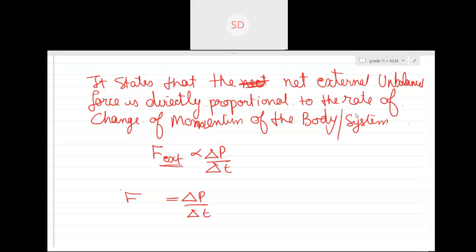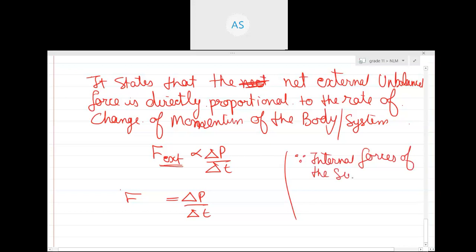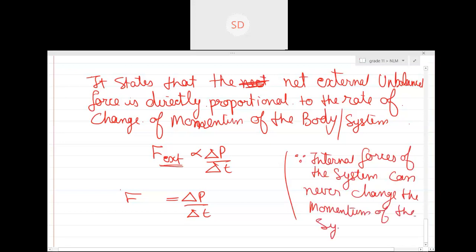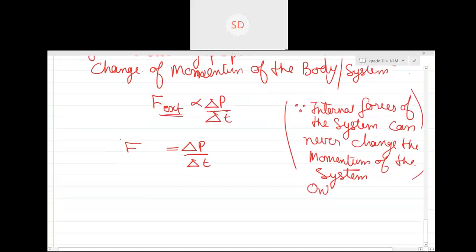I'll write this thing somewhere over there. Since internal forces of the system can never change the momentum of the system, that is why only external force contributes to the momentum.